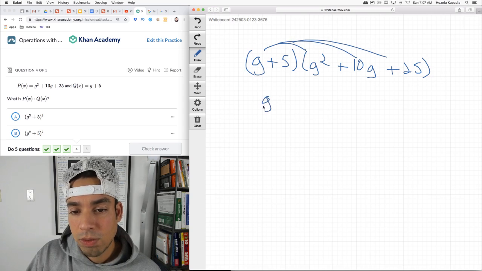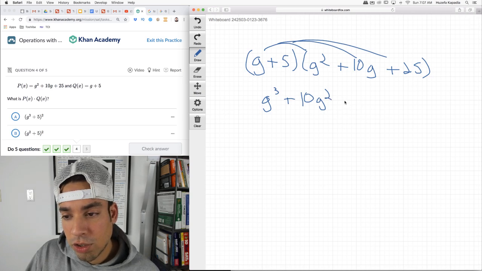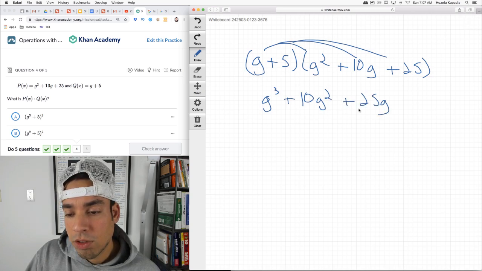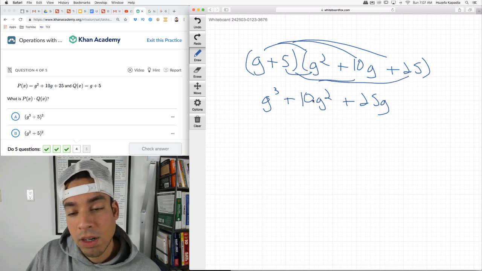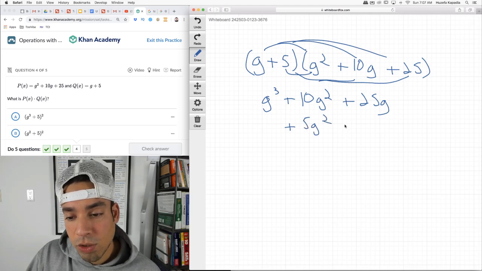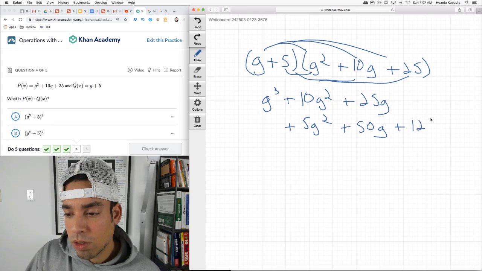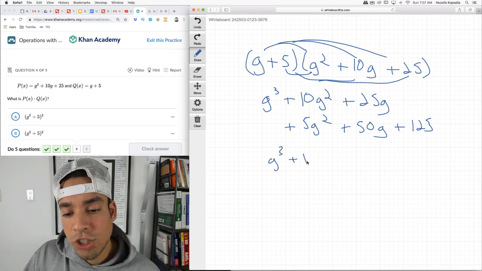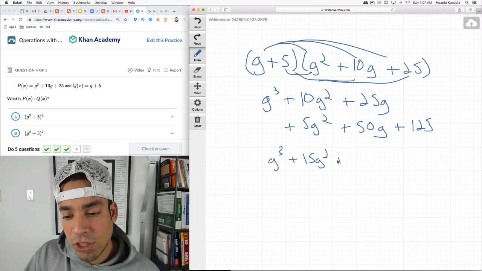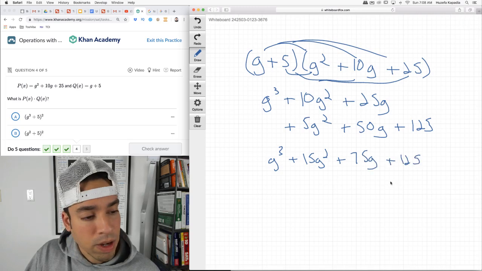This one is G cubed plus 10G squared plus 25G, and then, remember I'm going to line it up, 5G squared plus 50G plus 125, yeah? Okay, oops. And then we have G cubed plus 15G squared plus 75G plus 125.